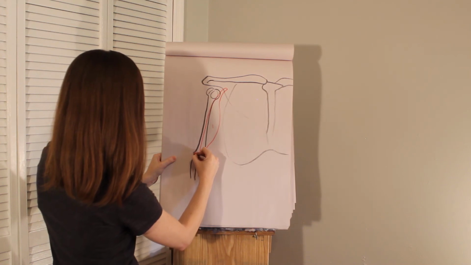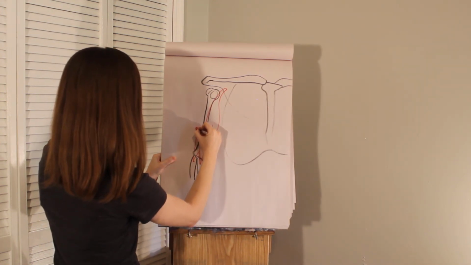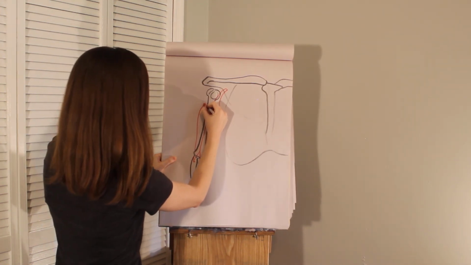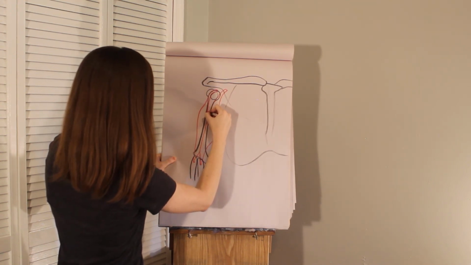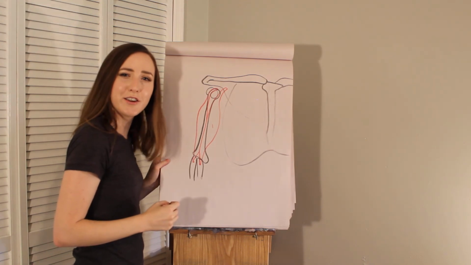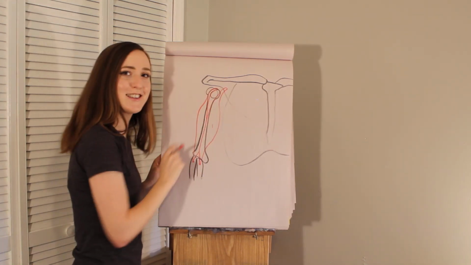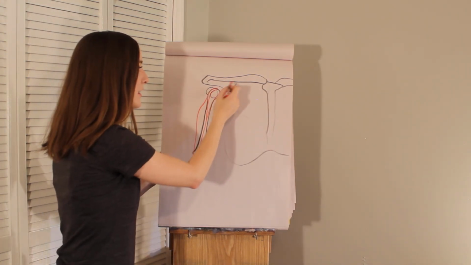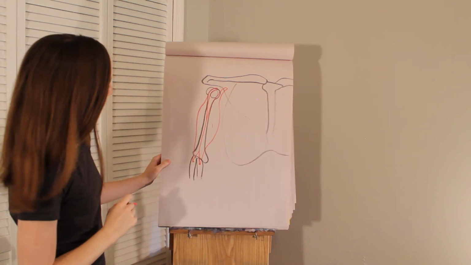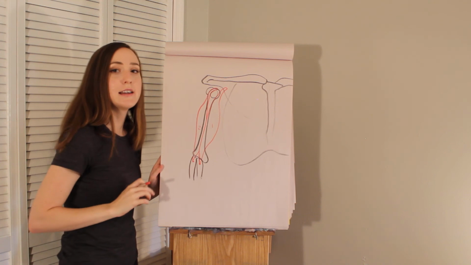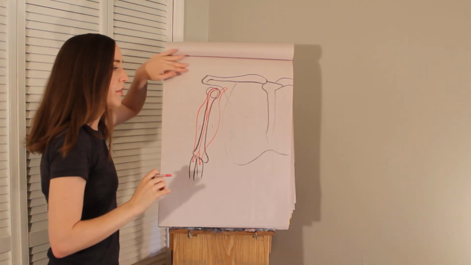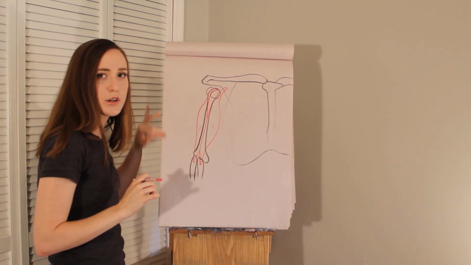It's that tendon. I always think of the Loch Ness Monster whenever I draw these tendons, just these noodly little brontosaurus necks. That is the long head on the lateral side, that outer side.